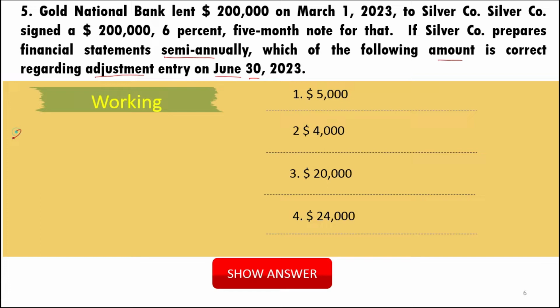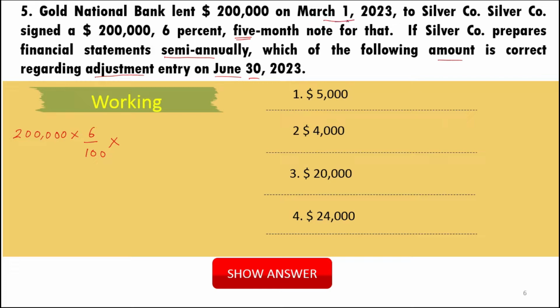The borrowed amount is 200,000. The rate of interest is 6%. Now you have to make the adjusting entry on June 30, so you have to calculate the period.